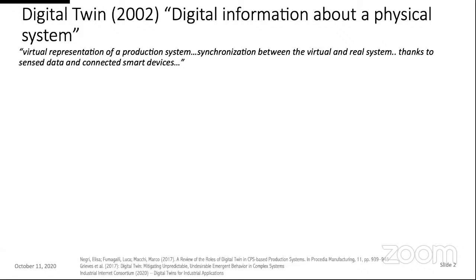After that, of course, this term has become quite popular. In fact, in most smart industries or Industry 4.0, in many industrial systems or plants, digital twin has become quite popular, and people are looking at different aspects of digital twin. They're trying to see how digital twin can be leveraged to improve the production process.